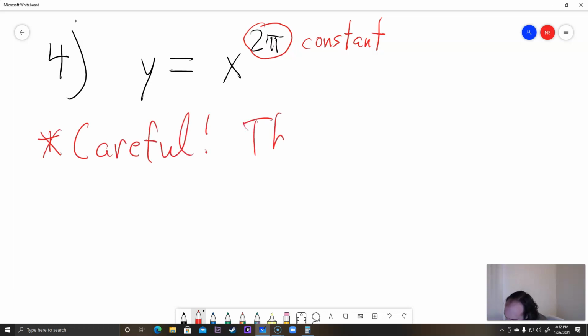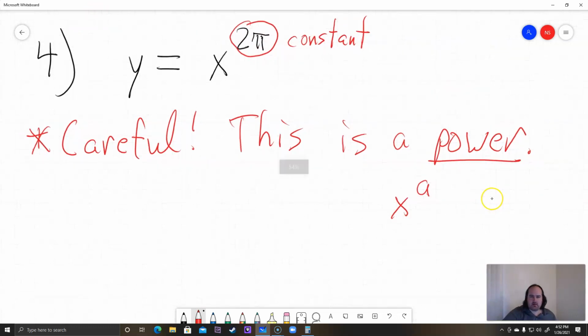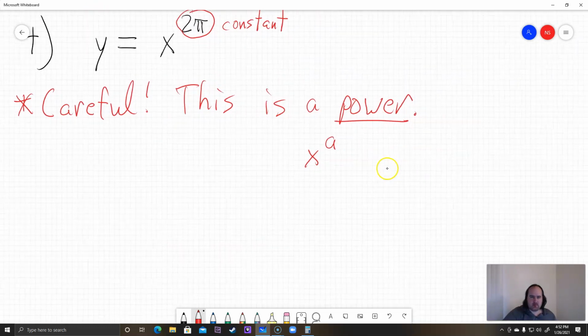This is a power function. So remember, a power is where you have something like x to the a. In fact, let me write this over here so that we can see it. Let me zoom out a little bit.